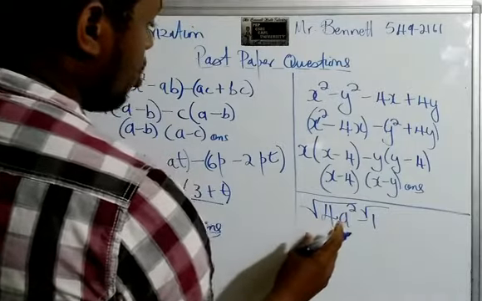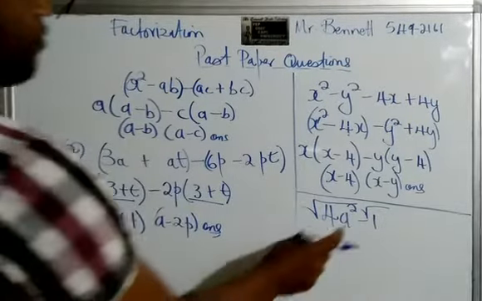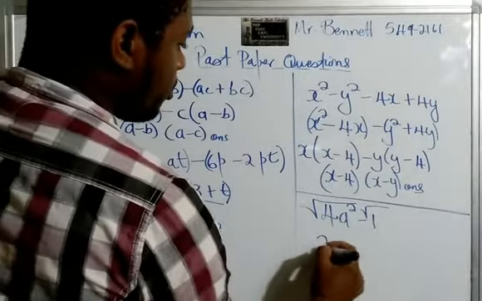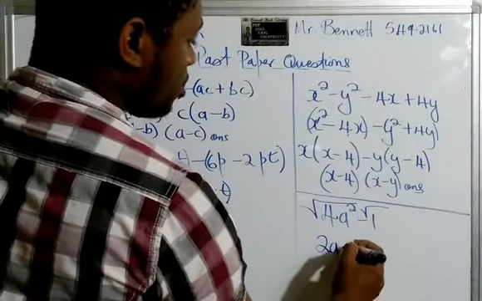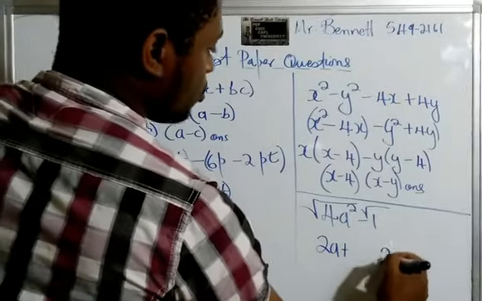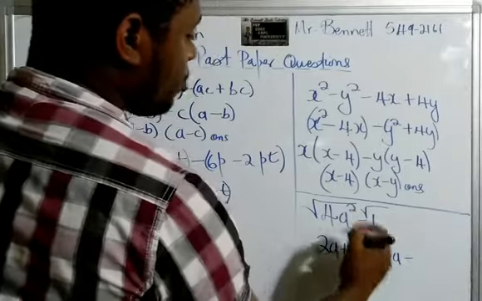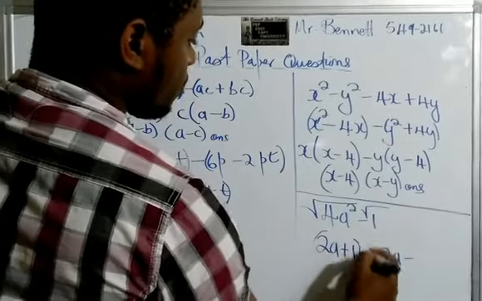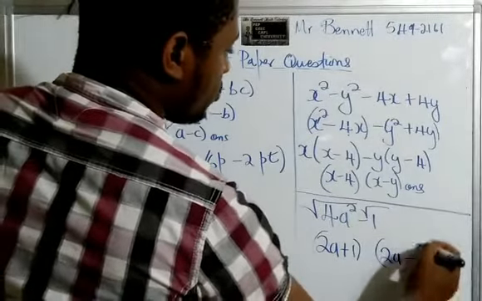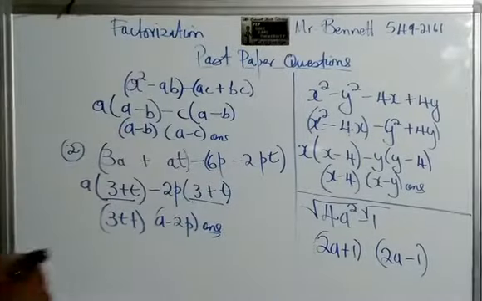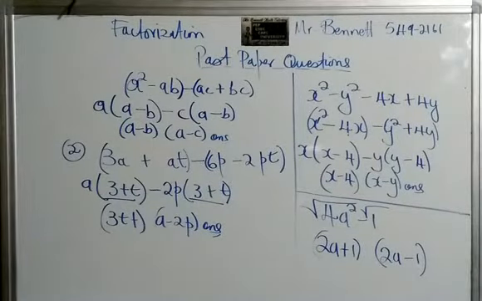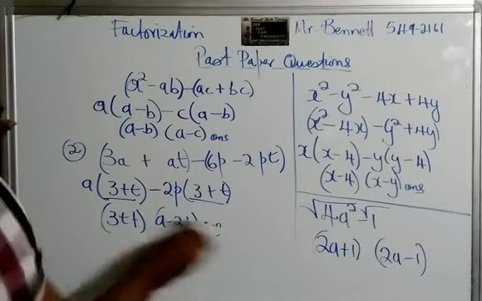What number multiplied by itself gives you 4a squared? That would be 2a, right? And 1, so one would be plus, and one would be minus. Guys, waste no time on them simple ones, you know what I mean? Alright, let us look at another one.